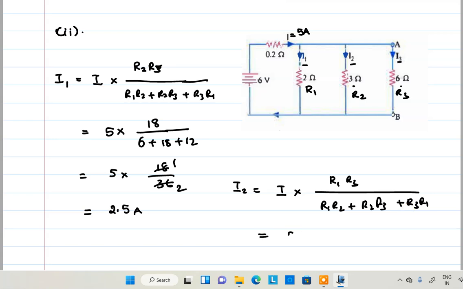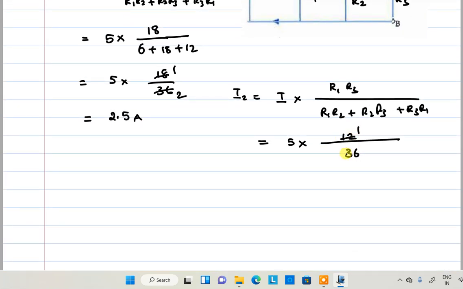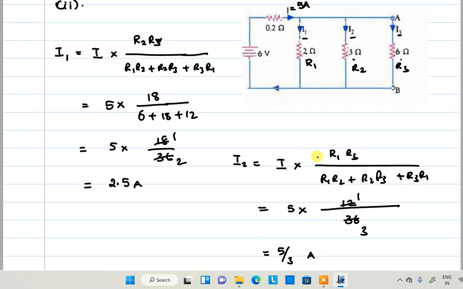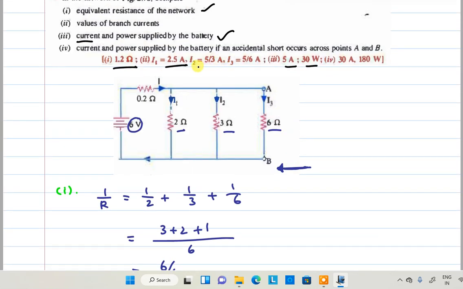Total current is 5 amperes. So R1 R3, that is 2 into 6, equal to 12, divided by 36. This is one time, this is three times, that is equal to 5 by 3 amperes. So what is the current now? 5 by 3 amperes. Got it?